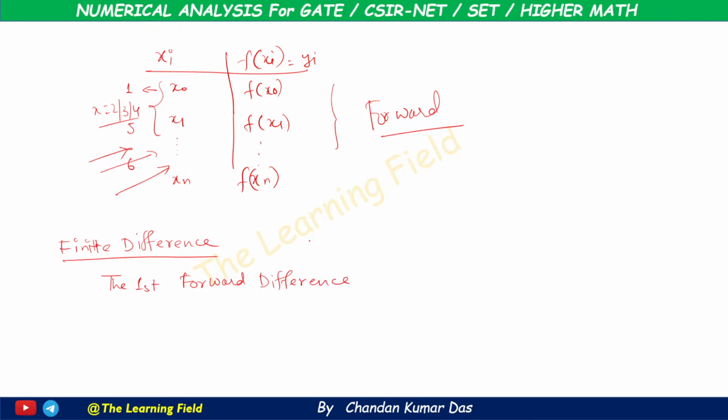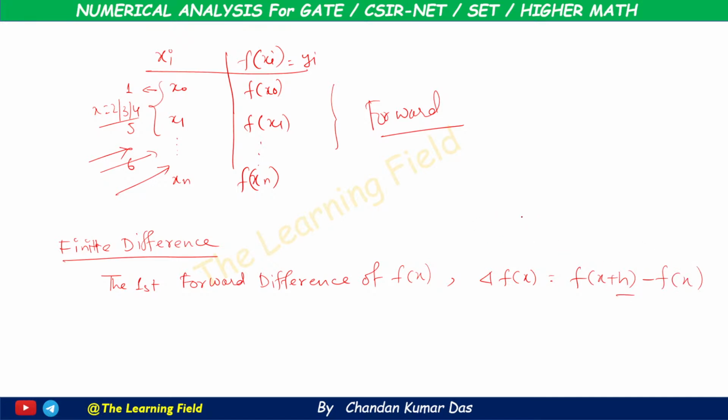The first forward difference of any function f of x is denoted by delta of f of x, and this is equal to f of x plus h minus f of x. So this is the first forward difference, where h is the step.